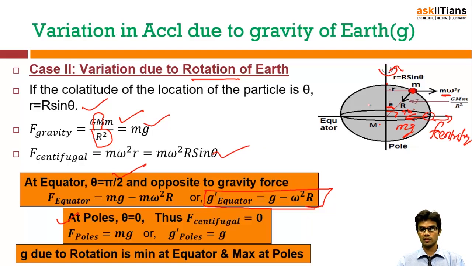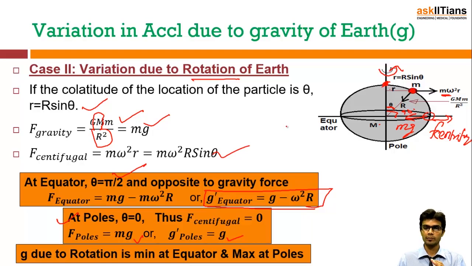Thus here centrifugal force is equal to 0 and only F pole is equal to mg. So g dash pole is equal to g. So g due to rotation is minimum at equator due to opposite direction. The acceleration due to gravity of earth is minimum at equator and maximum at poles.